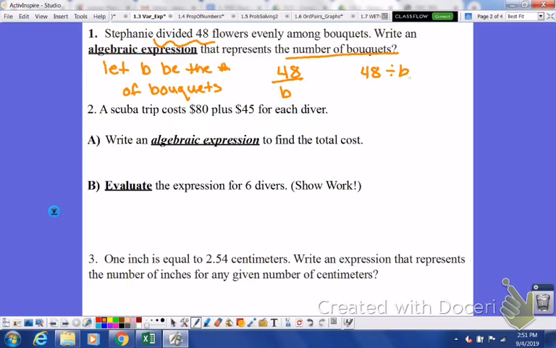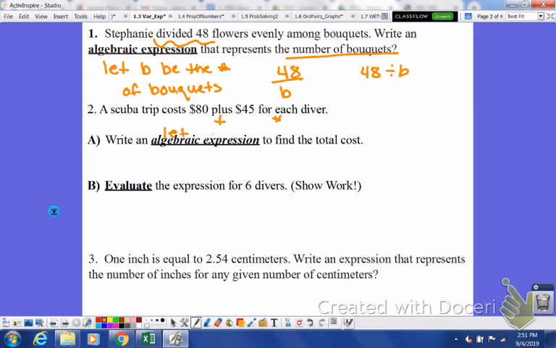Again, not solving anything. And number 2, a scuba trip costs $80 plus $45 for each diver. In part A, write an algebraic expression to find the total cost. So I had $80 plus $45 for each. That tells me to multiply. So I'm going to define it up here.